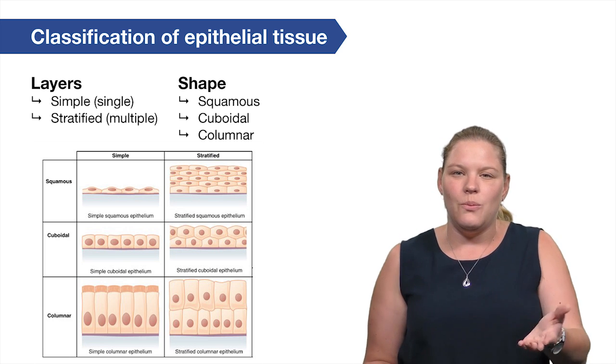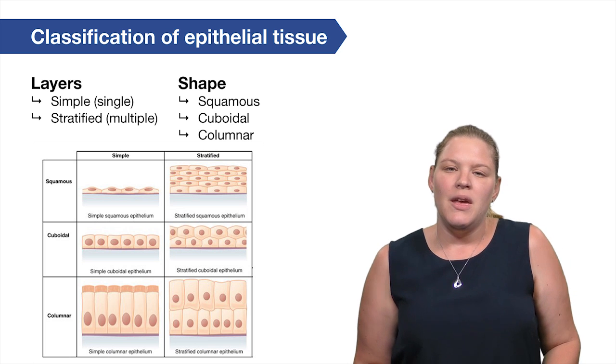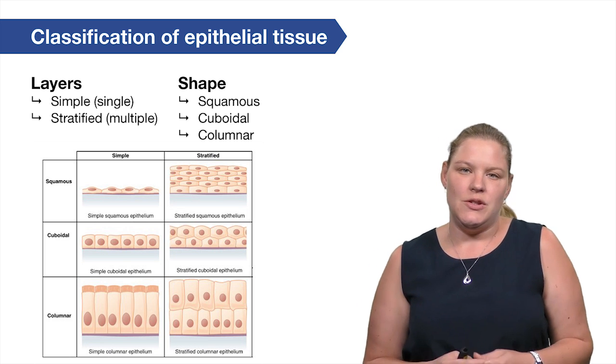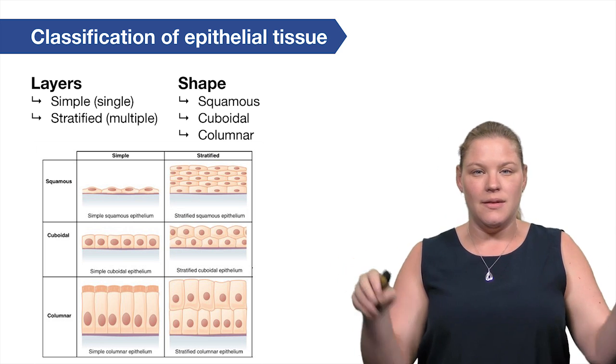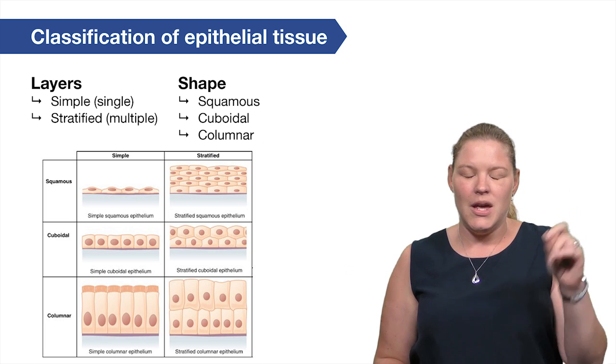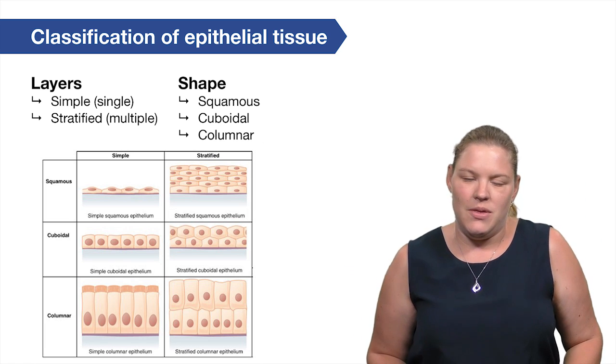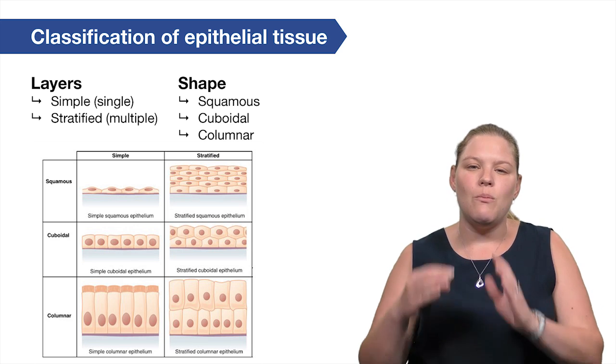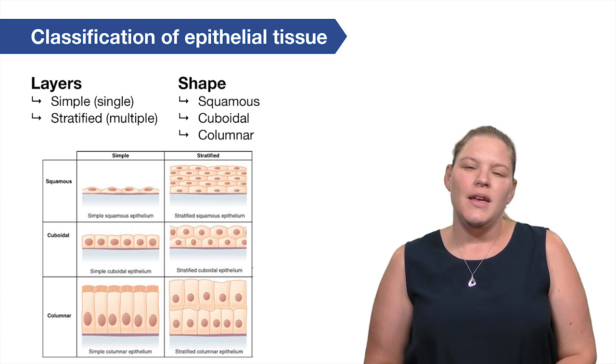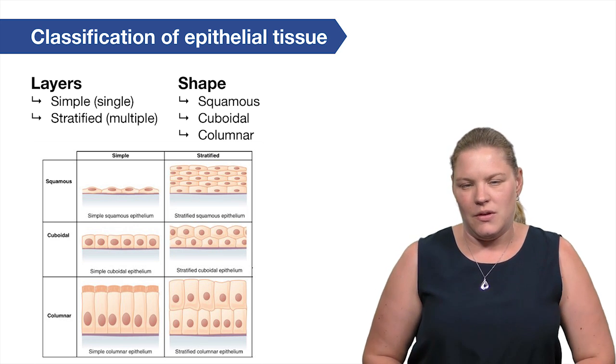Well, this is where the classification comes in. So if we have simple epithelial tissue, it means we have a single layer. There's only one layer of cells. If we have stratified epithelial tissue, it means we have multiple layers of cells. So that's the numbers, and that gives us the simple and the stratified.